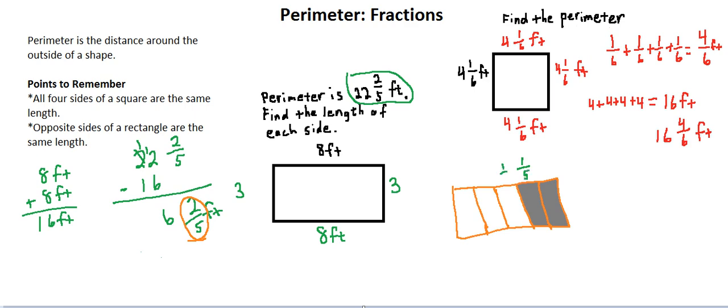Each one of these represents a 1/5. Now these three are already gone, and these two are what we have. So one of the threes gets that piece, and the other three would get that piece.